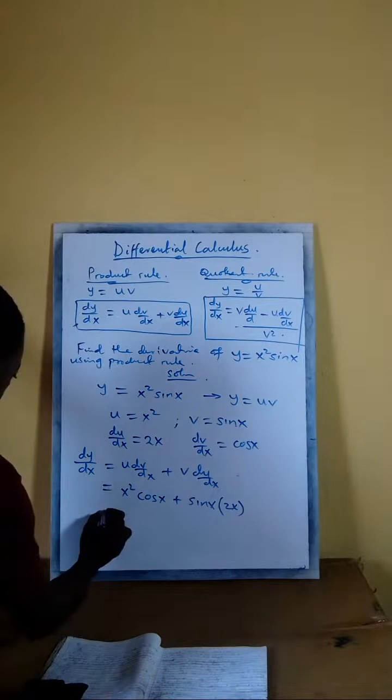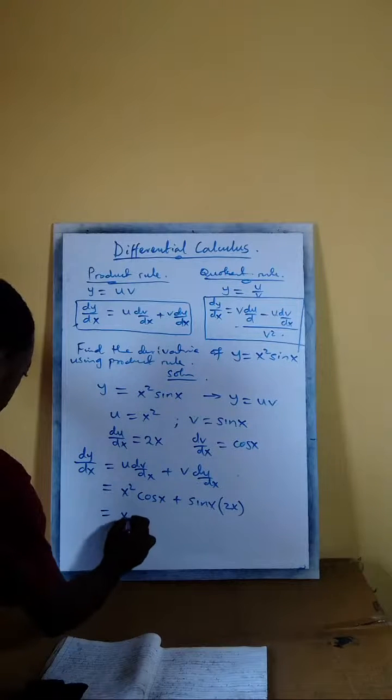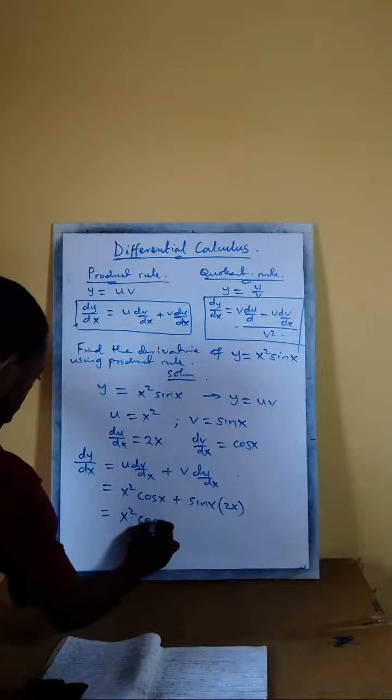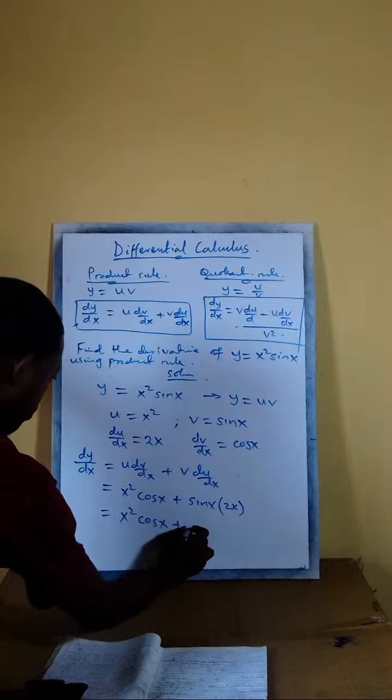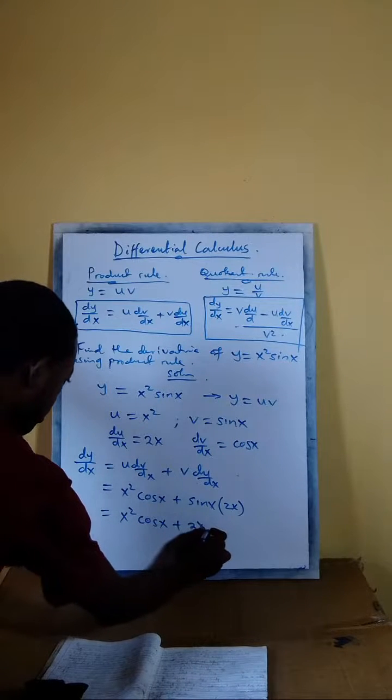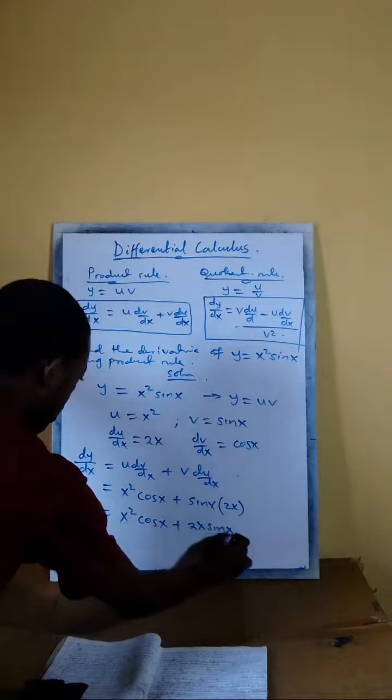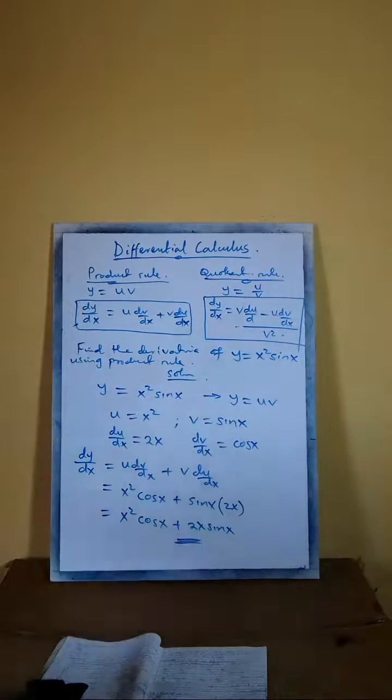Then what we have now gives us x squared cos x plus 2x sine x. So here we have the derivative of the given problem.